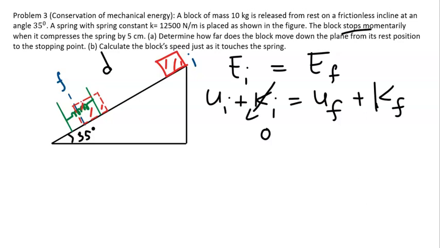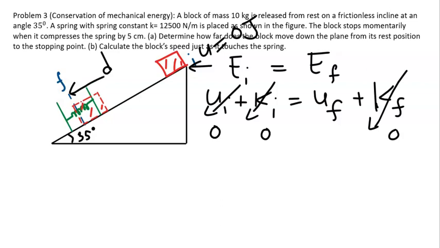We also know the block stops momentarily at the final location, so Kf is 0. Remember, we have the freedom to set U to be 0 at some point, and I'm going to choose the initial point to be U equals 0 joules. So that means Ui is 0 as well. Now d is the distance measured like that.